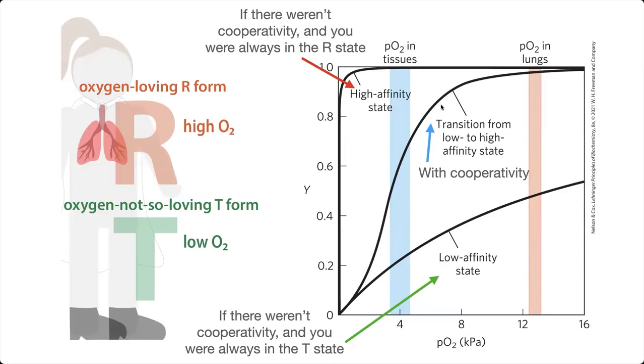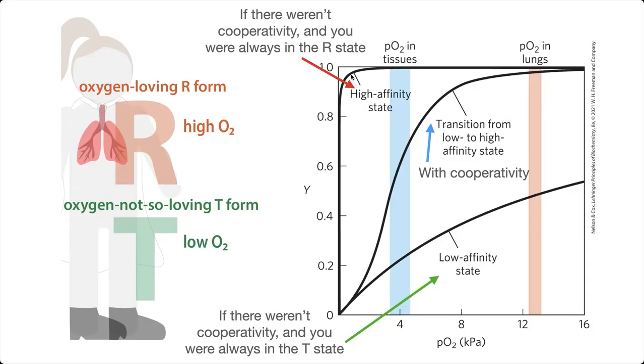So that is what we're seeing with this curve that looks like a sigmoid. So see, we've got a linear scale, and we see a sigmoid, so this is telling us this is a cooperative curve. Whereas these curves, this one right here and this one right here, are non-cooperative. These are not showing cooperativity. These would be what would happen if you were always in a low affinity state, so if you're always in that T state.